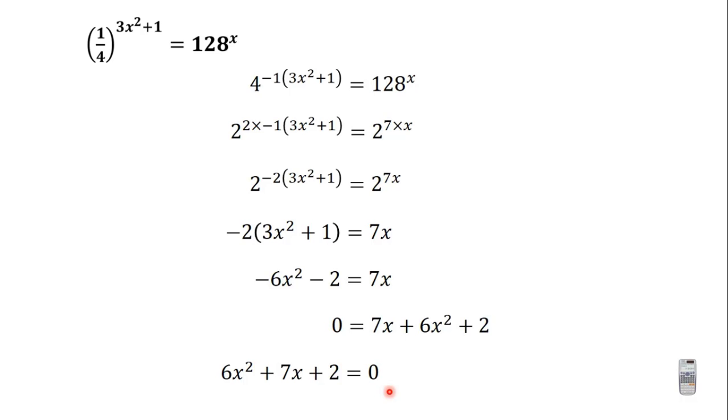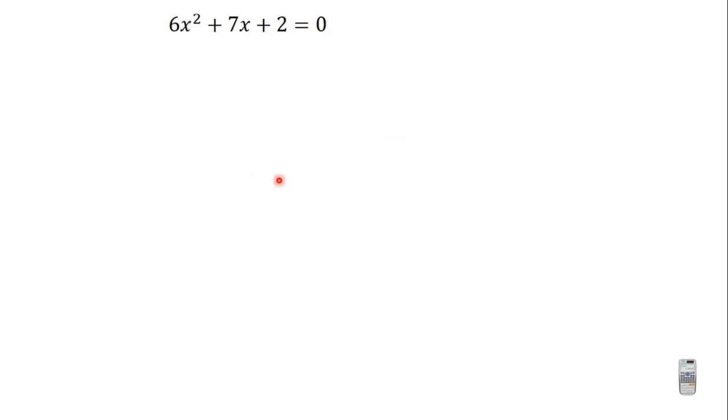In the videos on quadratic expressions, we learned how to factorize a quadratic trinomial. The expression we have on the left hand side here is a quadratic trinomial. So we are going to factorize this quadratic trinomial in order to find x. In that video, we saw that to factorize this quadratic trinomial, you multiply 6 by 2. 6 times 2 will give us 12.